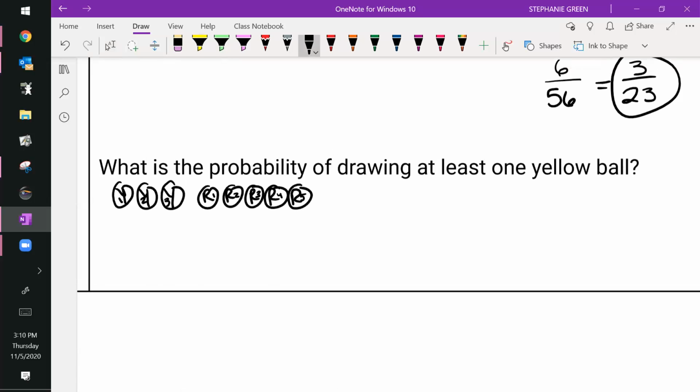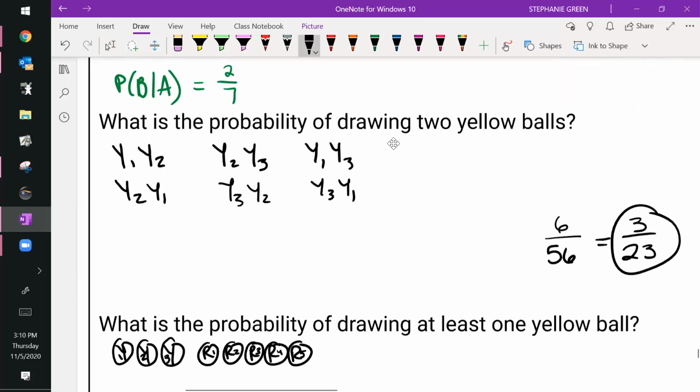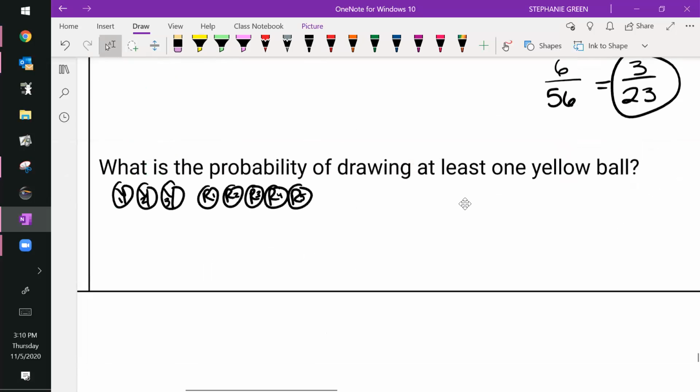So what's the probability of drawing at least 1 yellow ball? We already know that we have 6 ways of drawing 2 yellow balls. So how many ways do I have of drawing just 1 yellow ball? I could have yellow 1 with any of the 5 reds, and I could have it in the opposite order.